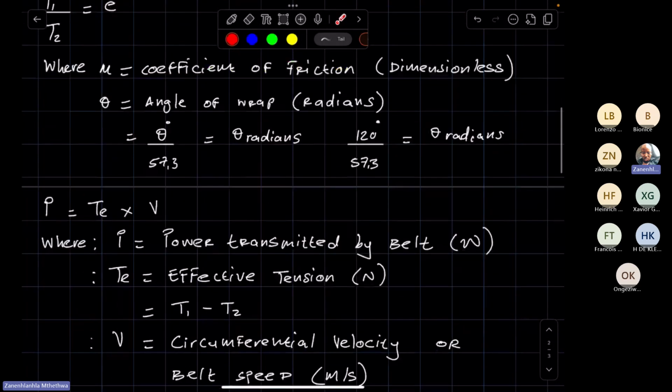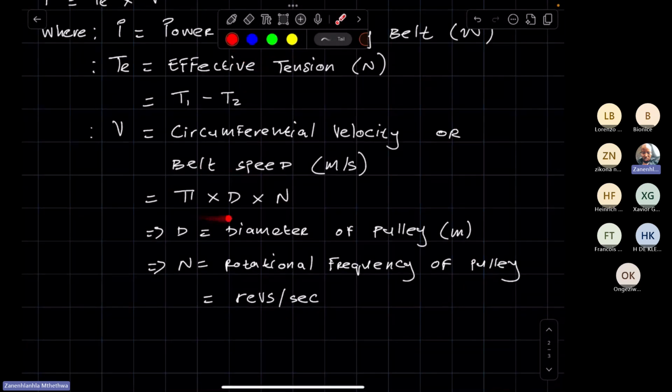So if you're going to calculate the belt speed or the circumferential velocity, if you use the diameter of the small pulley, then you have to use the rotational frequency of the small pulley. And if you use the diameter of the large pulley, then you have to use the rotational frequency of the large pulley.